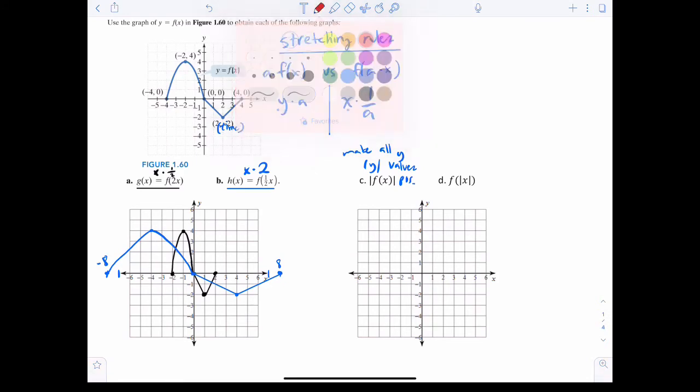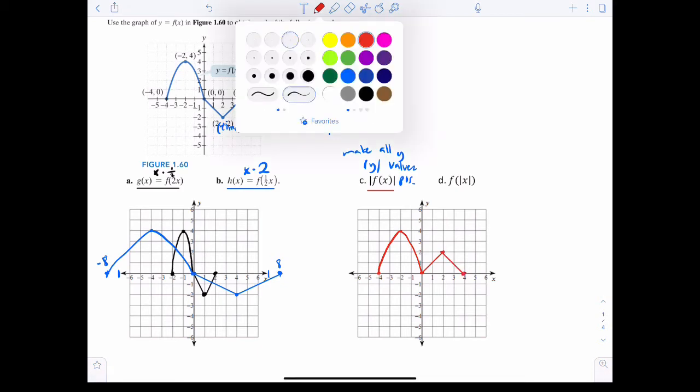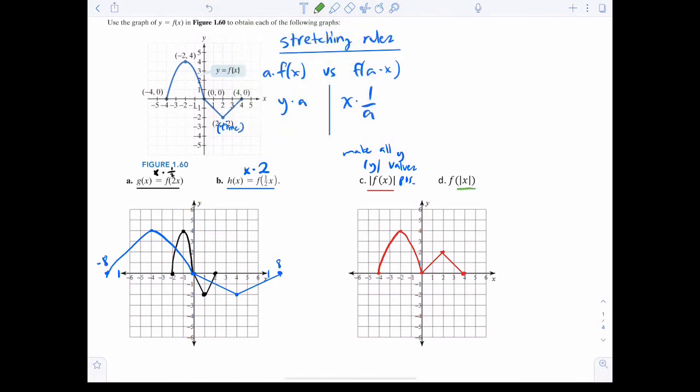And I'll do this one in red. So all the places where y is already positive, let's leave that alone. Y is negative here, so let's just make them positive. And here's our graph. Done. Now this next part is where it gets a little bit weird.